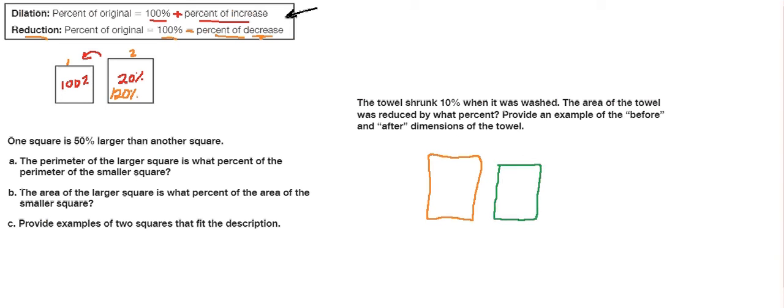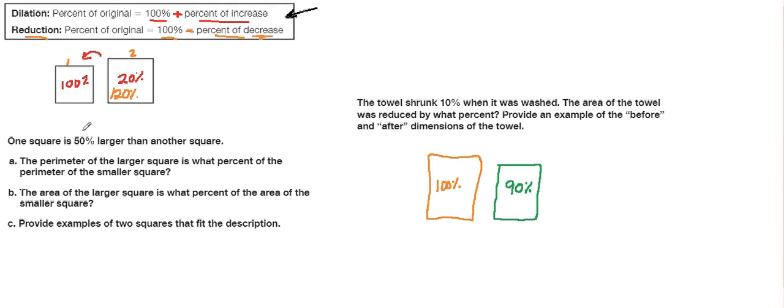If this is, we think of this as 100%, it's the original. According to this box, you subtract the percent of decrease, which is 10%. It shrunk by 10% to show what the new percentage is, 90%. Okay?